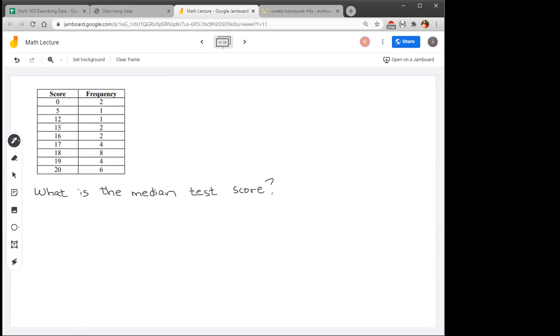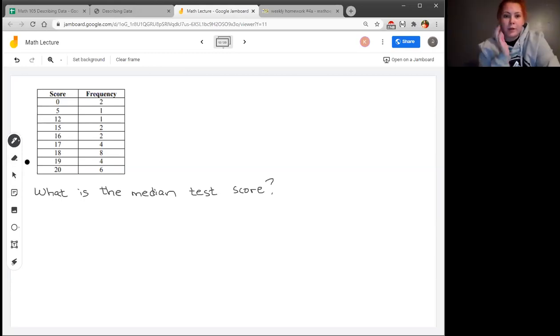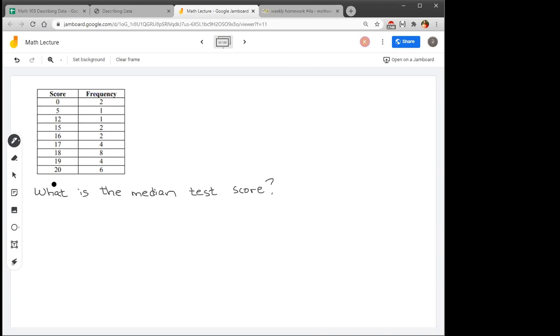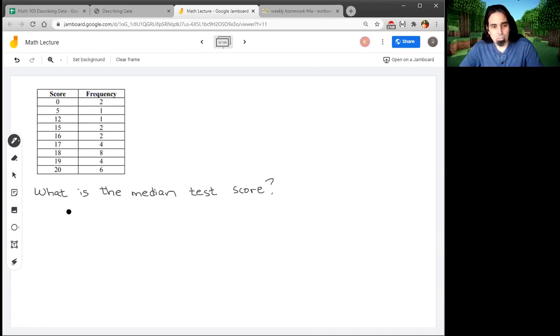And so if we're looking at the frequency column, would we just start at the top and find the middle number, between the 2 and the 6? Oh, but you're asking for the test score, so we would write 0, 0, and then 5, and then 12. Let me do what Eli's saying. This is the slow way, but I certainly want to do it. So we could just list them all out.